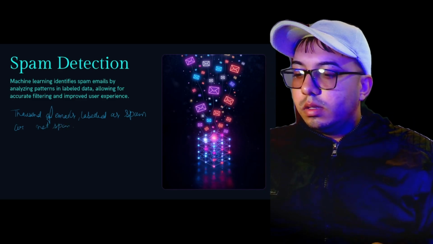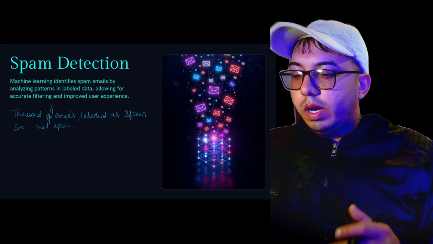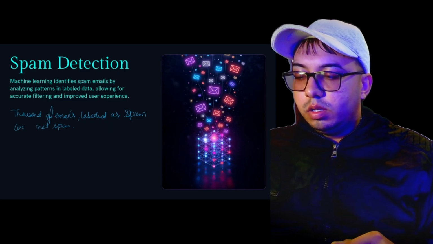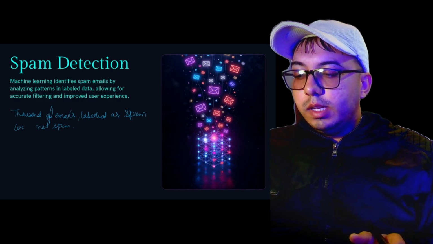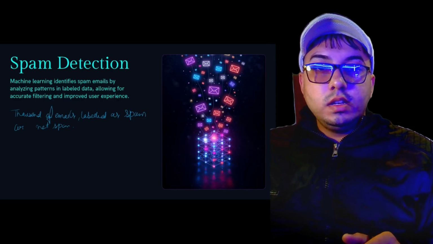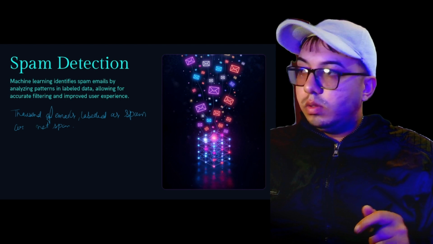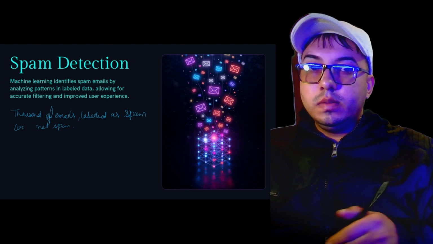The machine studies patterns like word frequency and structure. Over time, it learns what makes an email spam and correctly classifies new emails. Okay, so these are real life examples.